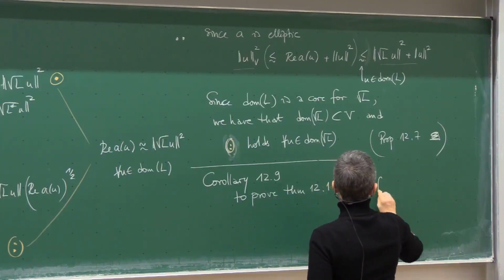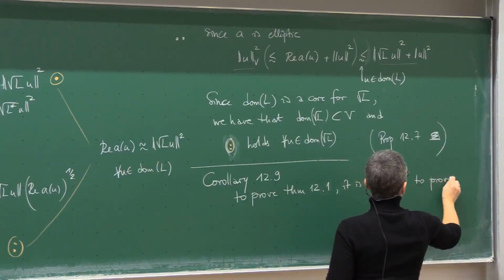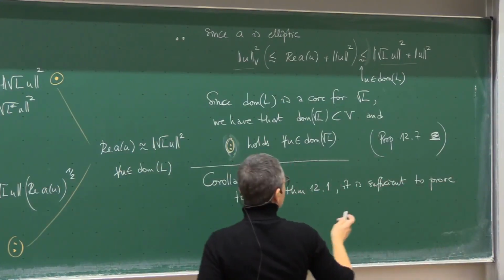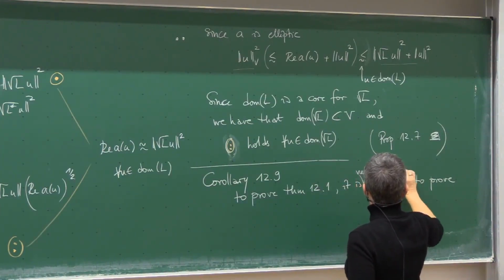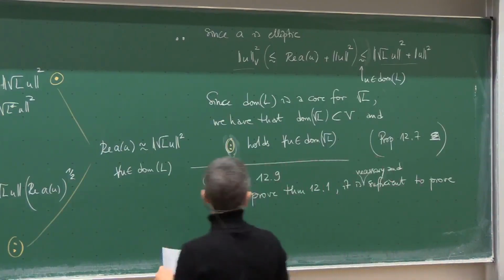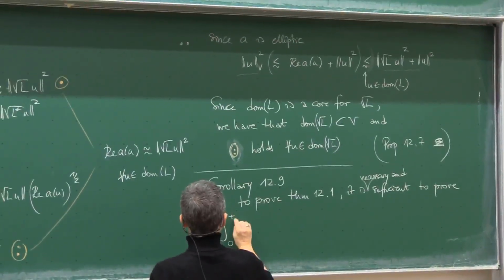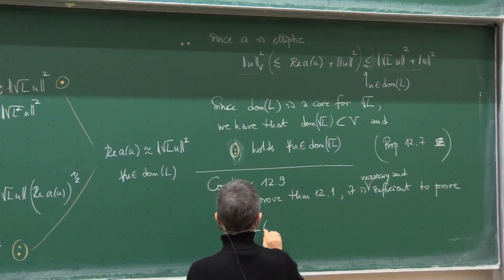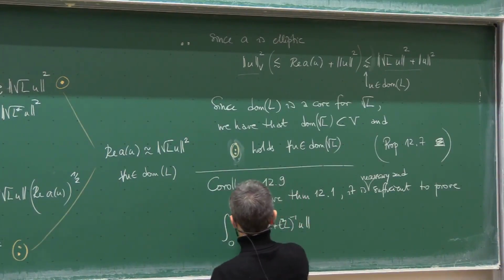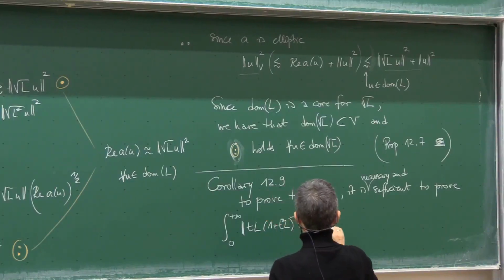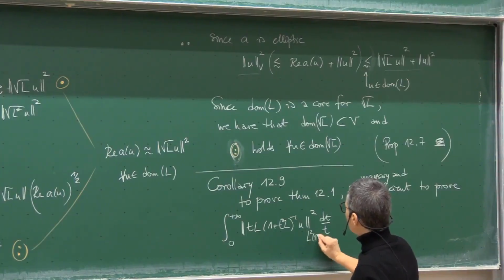It is sufficient to prove, well, necessary also, but it's what you will do in the next lectures, that the integral from 0 to infinity of tL(1 + t squared L) inverse u squared dt over t is in L2 of Rn.